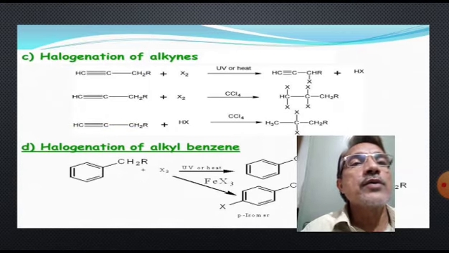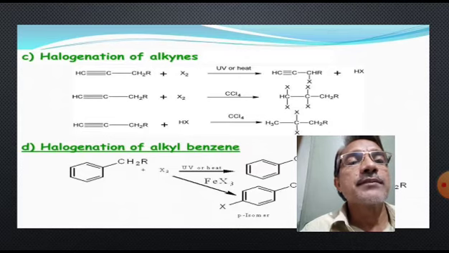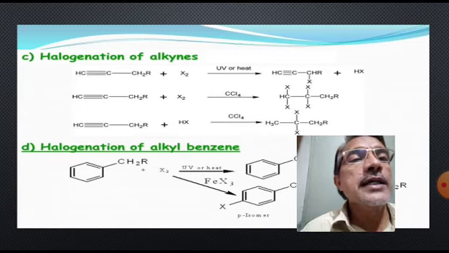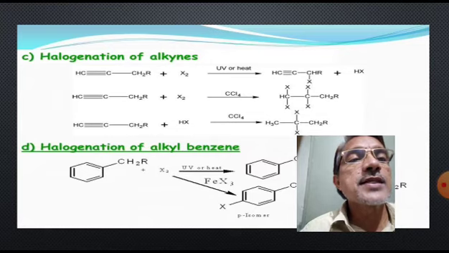Now, halogenation of alkynes. Halogenation of alkynes leads to the formation of haloalkynes. Look at the reactions. An alkyne reacts with a halogen in the presence of UV light or heat to give haloalkyne. The same alkyne reacts with a halogen in the presence of CCl4.